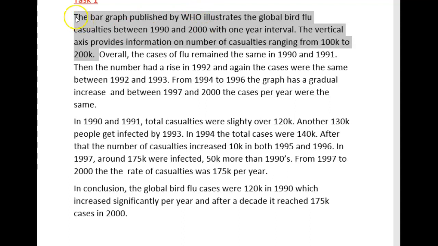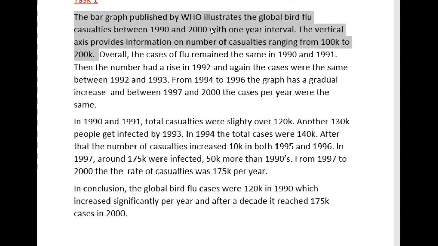Let me simplify it. The bar chart illustrates the global bird flu casualties between 1990 and 2000. Full stop. That's it. That's your introduction. The rest of this information is not necessary. Not at this point in your answer. You really don't need it. So definitely leave it out. Okay? That's the first thing.